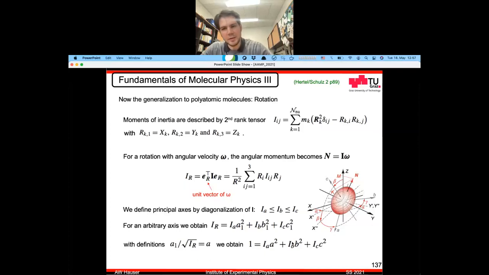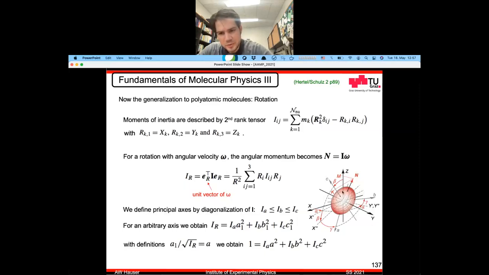And the good thing about thinking about moment of inertia in this frame is that we can immediately see the actual value of the moment of inertia for a given vector by just looking at this shape in space that we obtain here. So this is basically an ellipsoid structure of the moment of inertia in our coordinate representation.